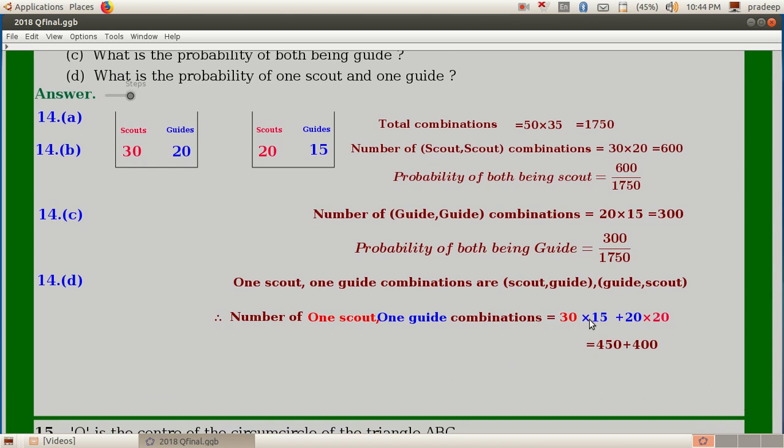Here 30 into 15 is equal to 450. 450 plus 400, that's equal to a total of 850. Therefore, the probability of one scout and one guide combination is equal to 850 divided by 1750.